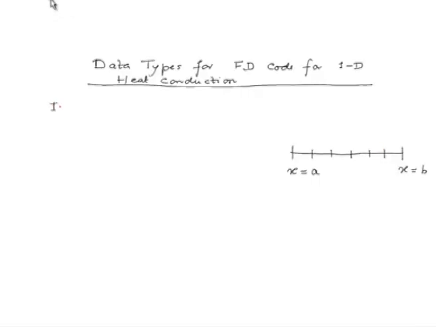So what are our inputs? Let us list them, and then we are going to put these inputs in appropriate data types. So our inputs are conductivity. Let us use the same symbol in our code as well, we will call it K.